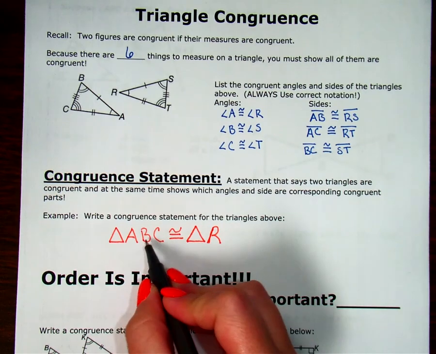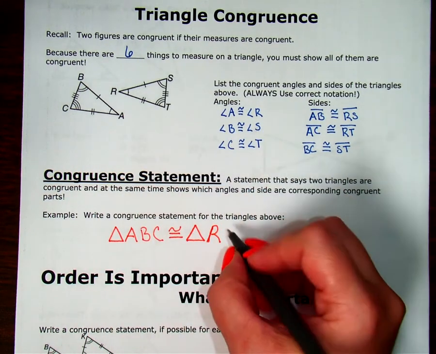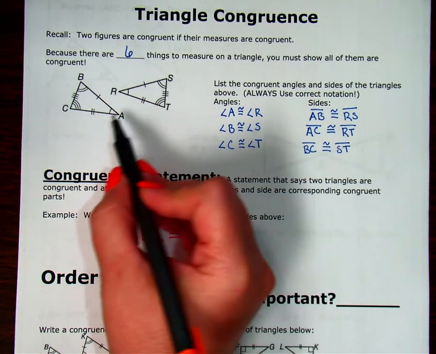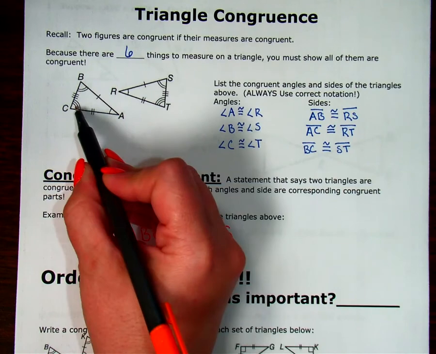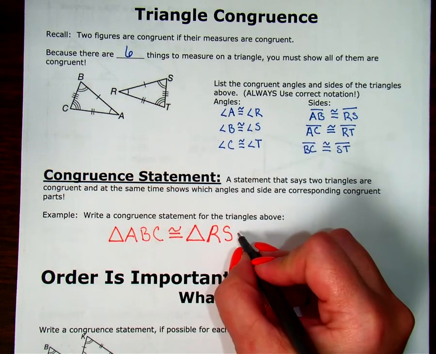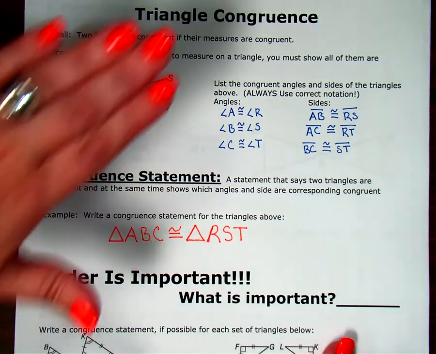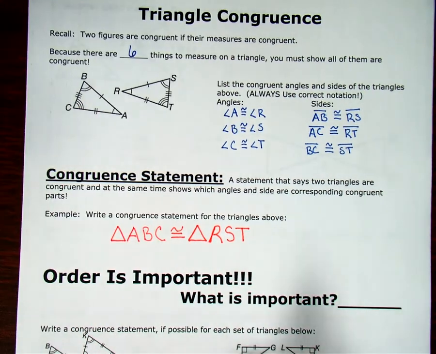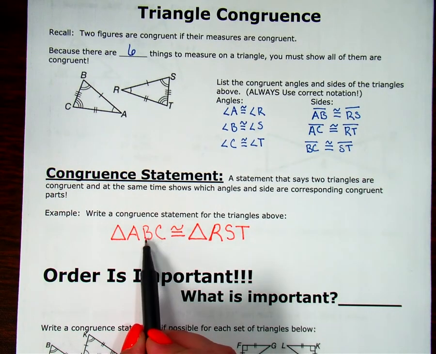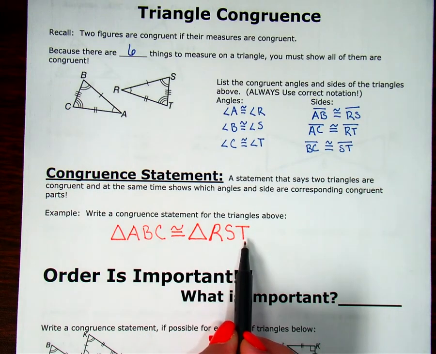Then my second letter is B, and I know that B matched with S. And then my last letter is C with the 3 arcs, and I know that C matched with T. Okay, so even if I didn't have my picture, I could look here and I know that angle A matches with angle R and they're congruent. Angle B is congruent to angle S, angle C is congruent to angle T.